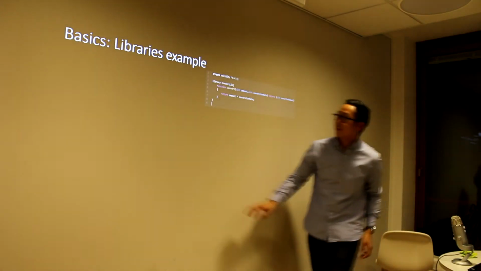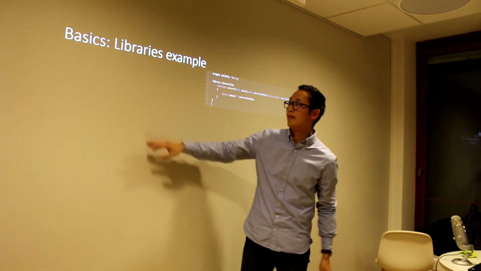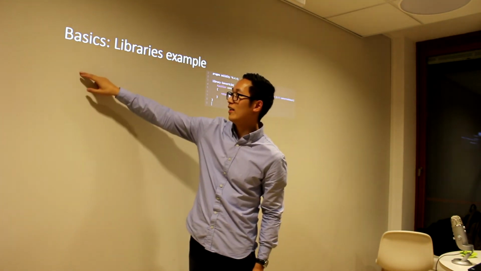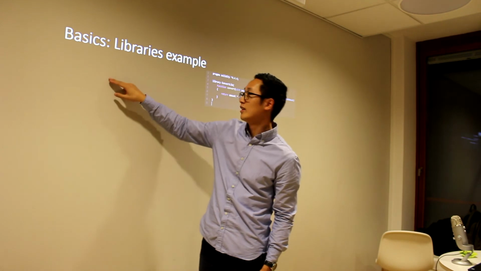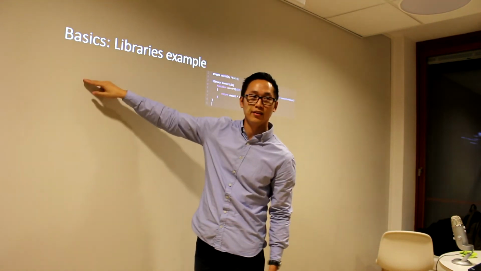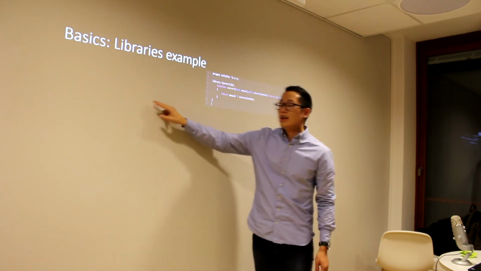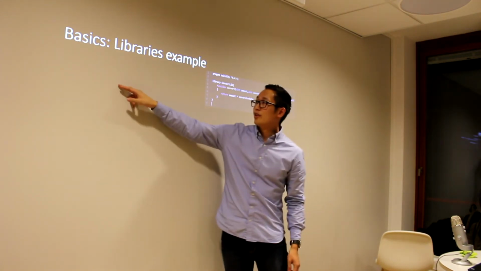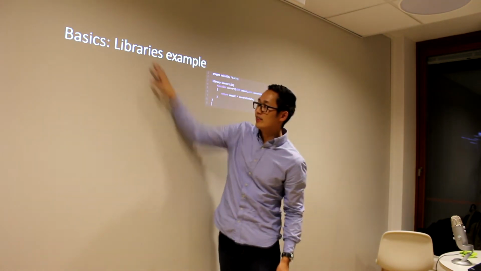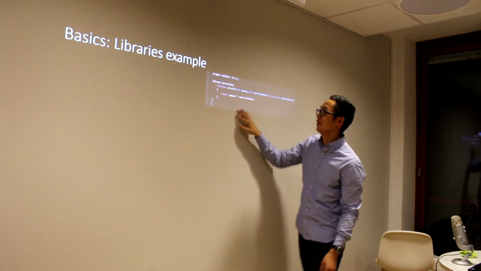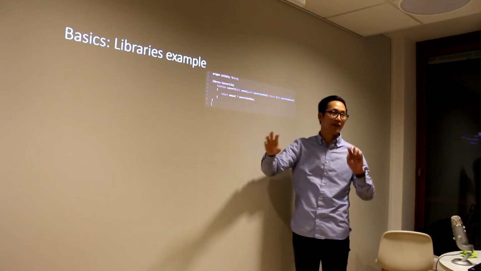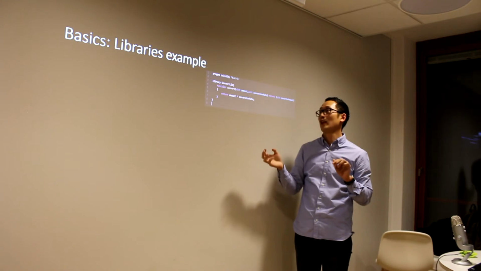Okay, so I had a contract here. It was a normal contract, and it had an import of ConvertLib on the row. That means if you do an import, you reference this code with this code. And a library is also some kind of contract.